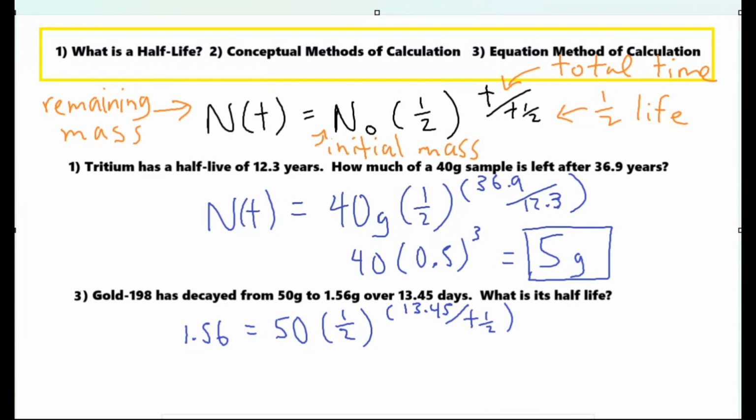Now for this one, what we're going to do is a couple things. First, we're going to divide both sides by 50. And then that's going to change our left side to 0.0312. And the other side is 1/2 raised to the same power.